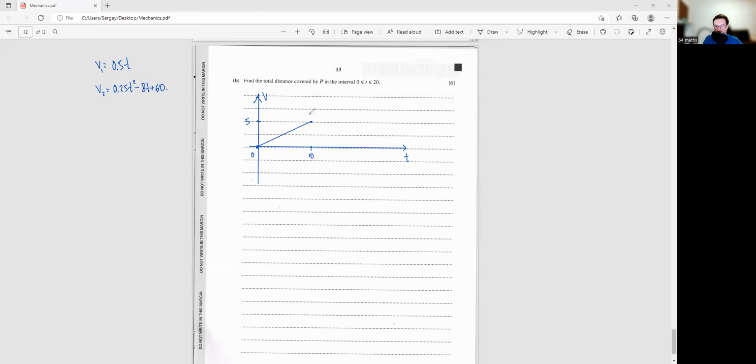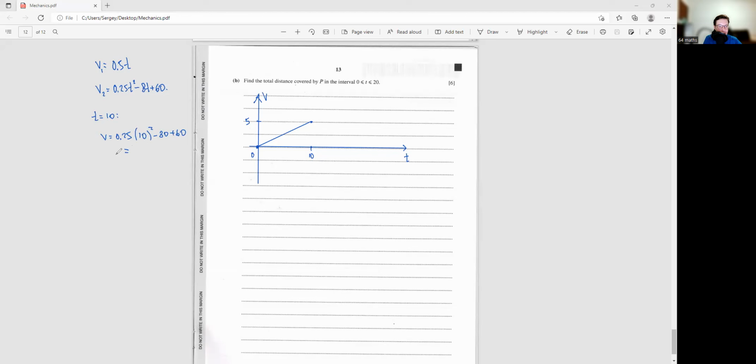Okay, so first of all, let's verify if t equals 10 gives us a velocity of 5. It should. 0.25 times 10 squared minus 80 plus 60.